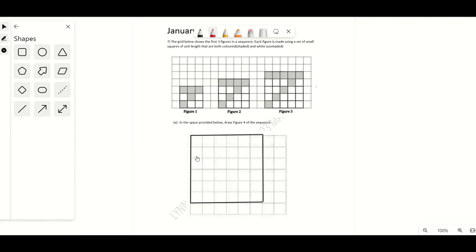So the shaded part, I guess I could use my, I don't want to use the highlighter. We saw that it's increasing by 1 in the shaded part. 1, 2, 3, 4. This one was 1, 2, 3, 4, 5.